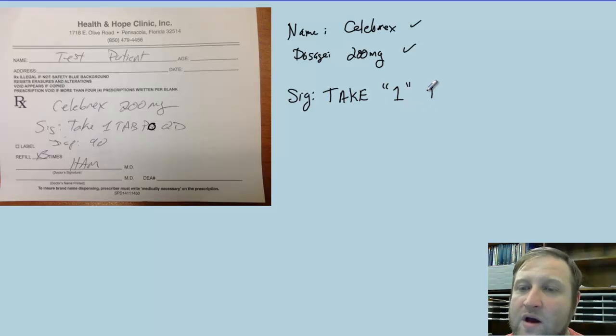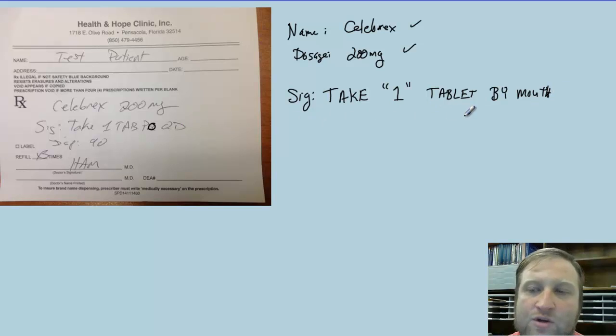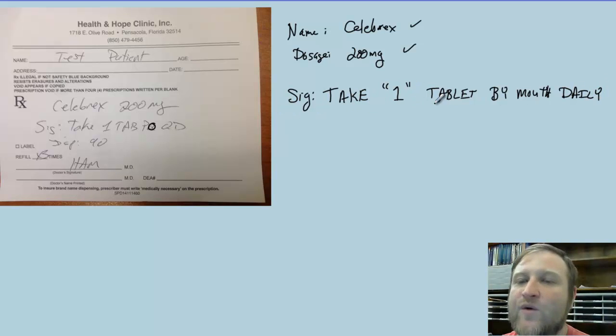We're going to say 1 tablet, PO, which translates to by mouth, QD, which translates to daily. So this will be the SIG that we will have on our prescription label. This will be the SIG that is sent to the National Drug Company.